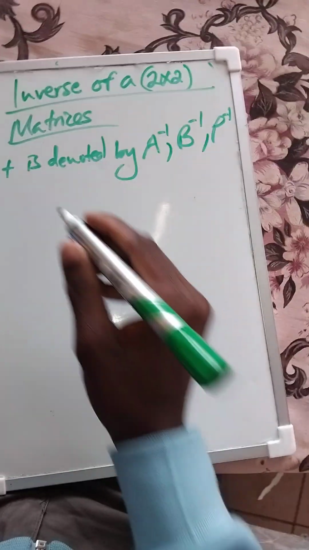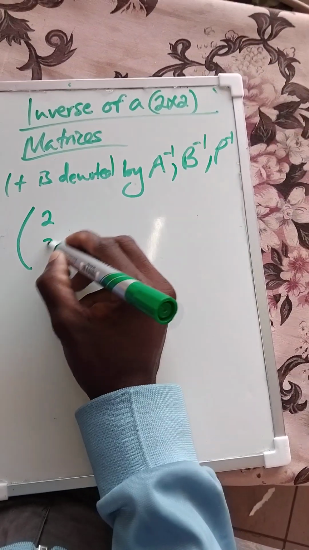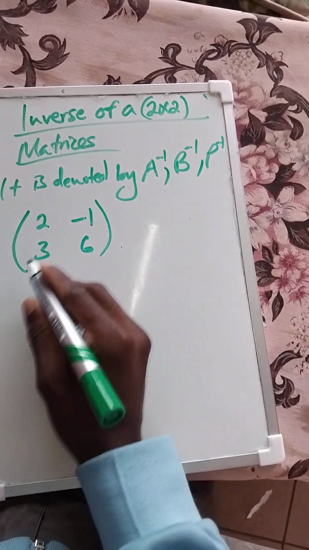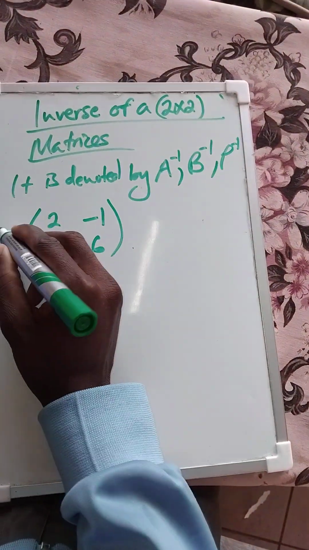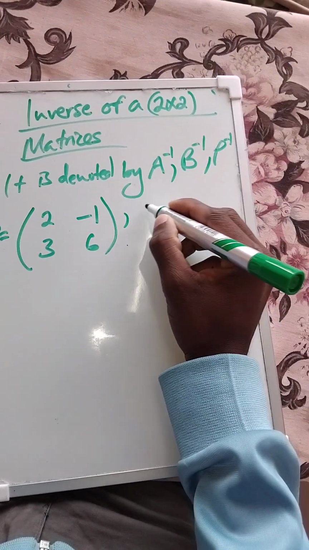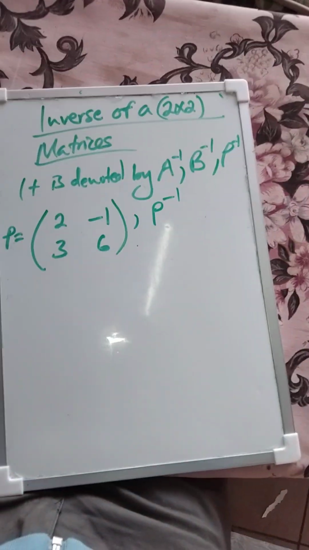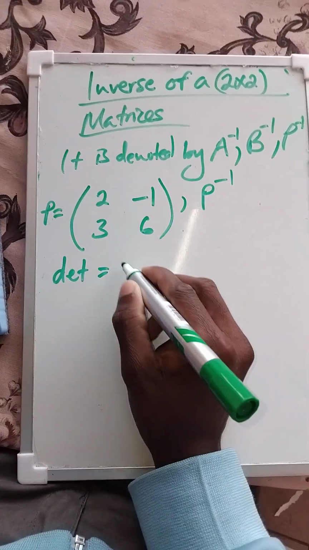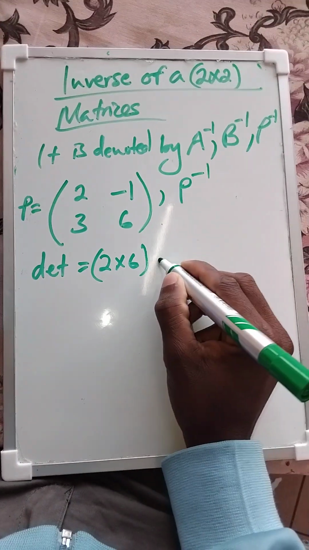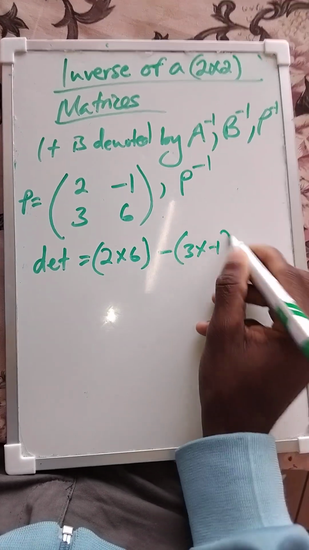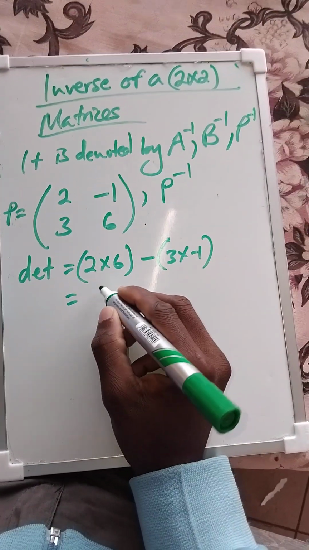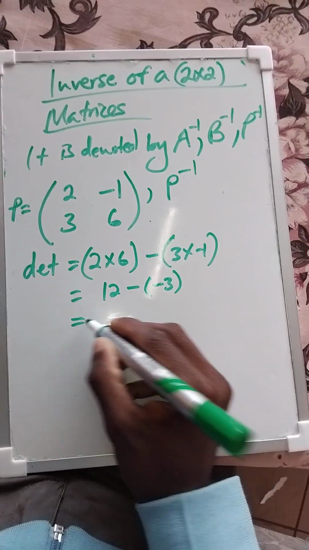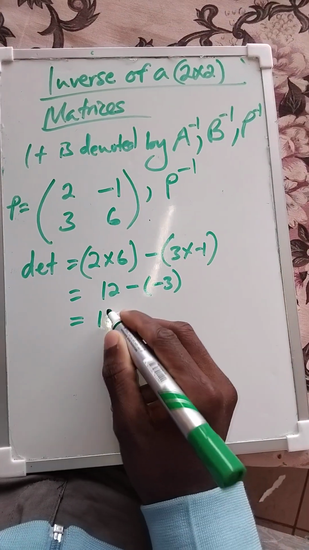And so for example, we have 2 3 -1 and 6. So first we want to find its P inverse. So gatangita tsvaga determinant first. Determinant apa tati 2 times 6 minus 3 times -1. So pana tuona 12 minus 3, so tuona 15.